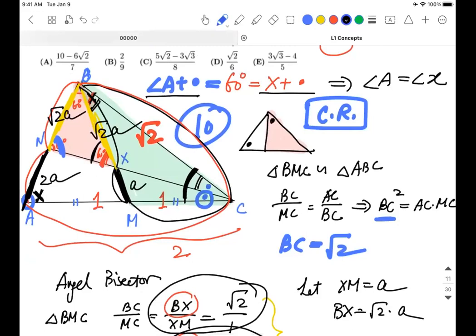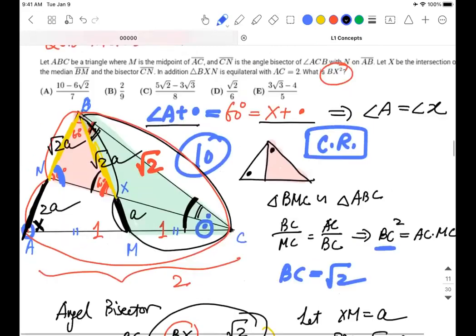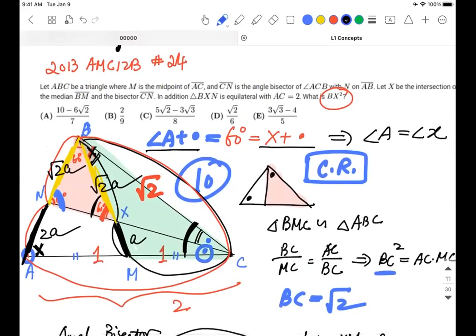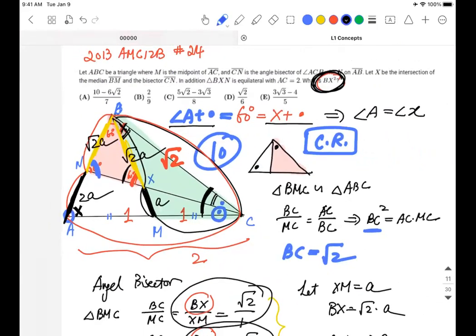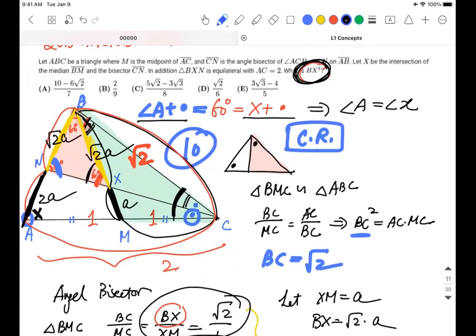Okay, now what is my goal? Where did it come from? My goal is try to determine what's the value for BX. What's the value for BX? Now BX is actually, in our case, is the yellow one, right? It's under √2A. So that being said, as long as I can find one equation, because for now, this triangle, they're all A's, right?